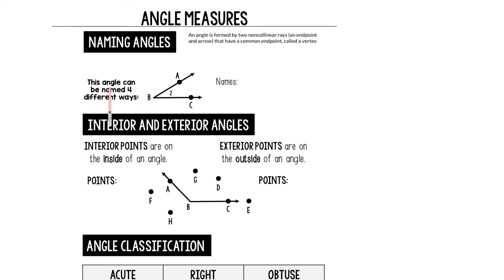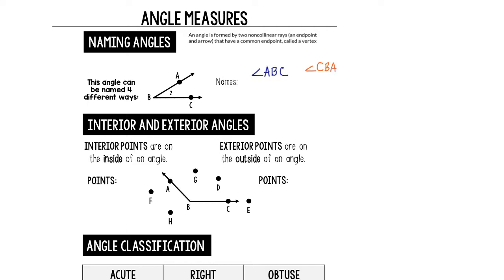Like this says, this angle can be named four different ways. Way one, we're going to name it always with the vertex in the center. So angle ABC. We can go another way and put the vertex in the center, CBA. So that's another name for this angle, CBA.